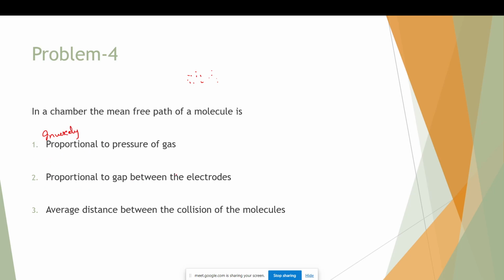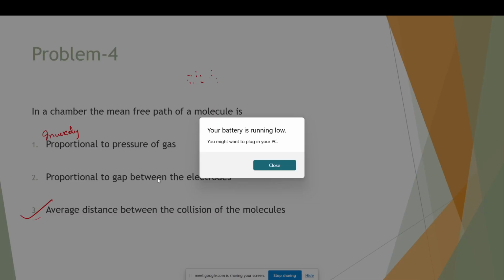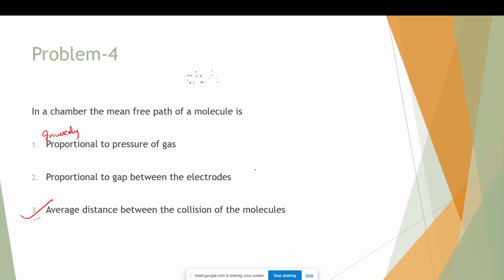Second option is proportional to gap between the electrodes. It technically should not depend on the electrodes, right? Because it's the mean free path, it will depend on the number of particles surrounding it. Okay, let us read the third option. Average distance between the collision of the molecules. So this is the definition of mean free path. So this is the correct answer. Just a minute.